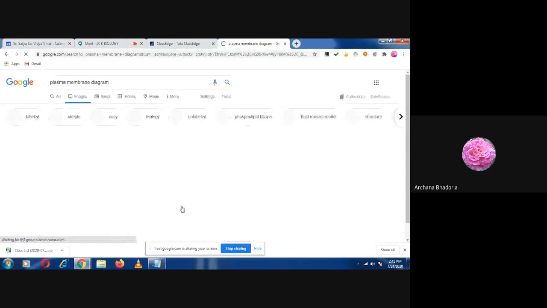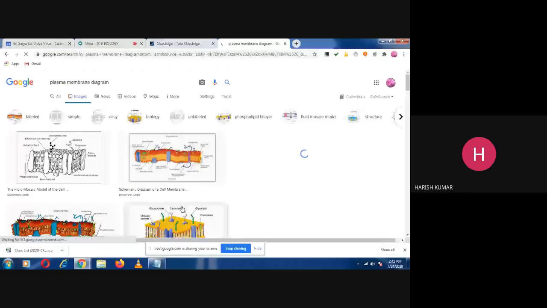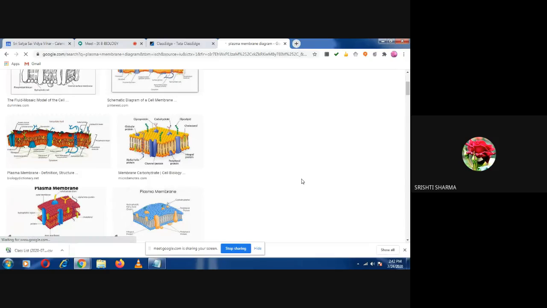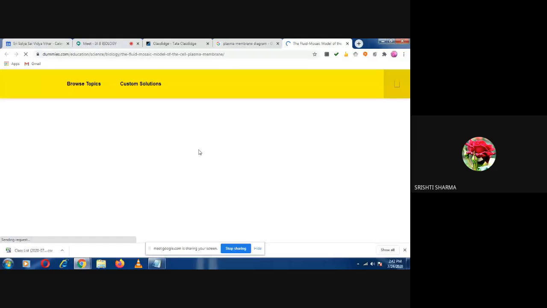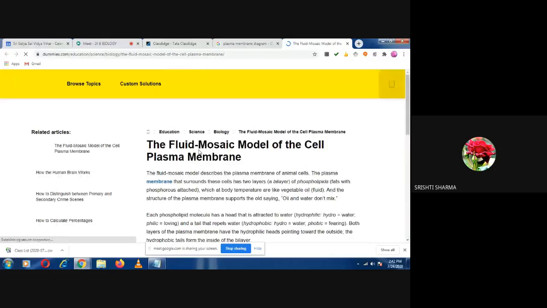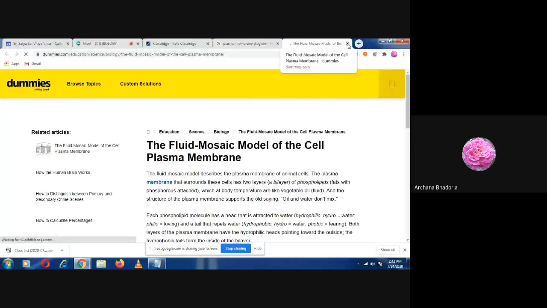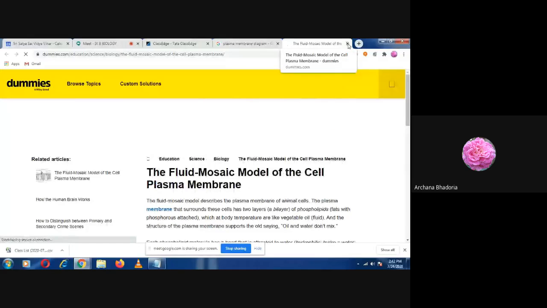Can you see the screen, children? So the structure which we have done, children, it is known as the fluid mosaic model.